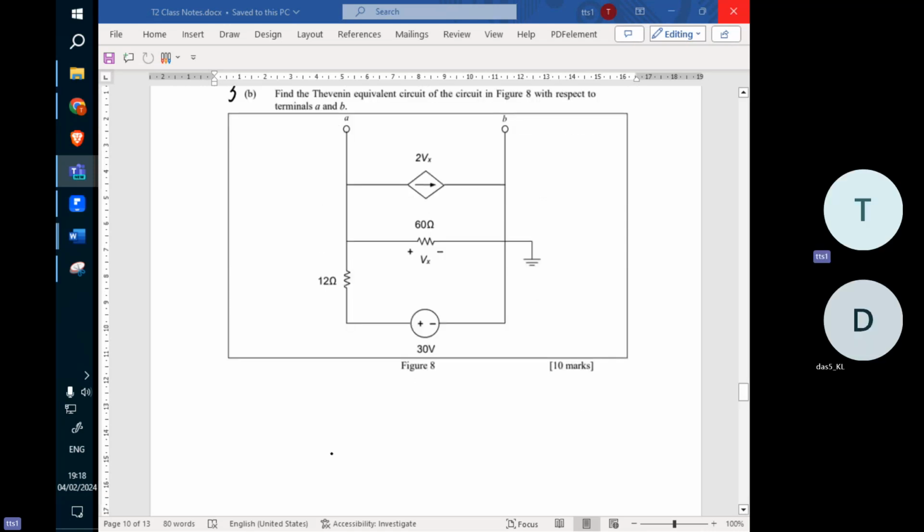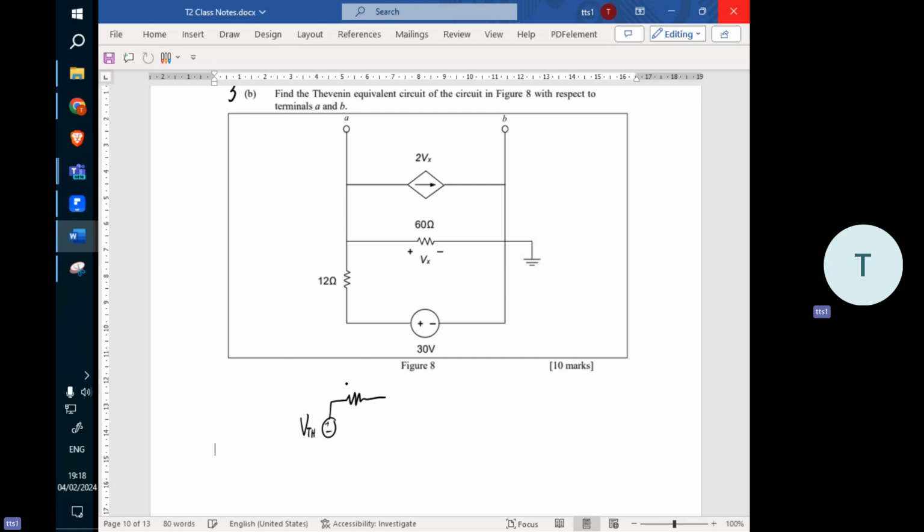The output is still A and B. After we convert it, we should arrive at only VTH, which is the Thevenin voltage, in series with a resistance. We call it the Thevenin resistance, or you can say it's the total resistance of the circuit. The output here should remain the same as the original A and B, so that we can connect this to an external load later on.